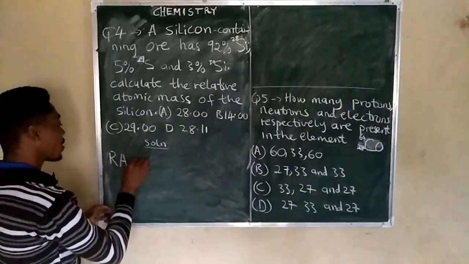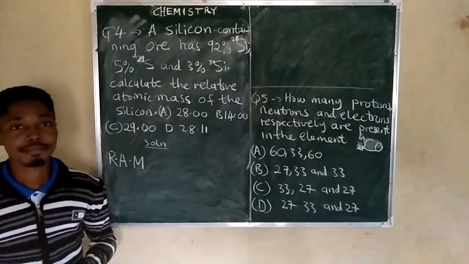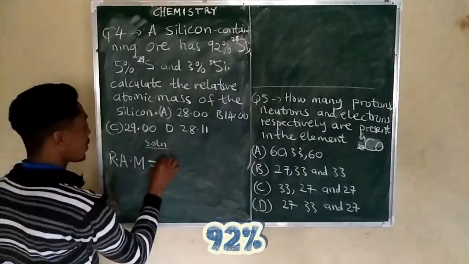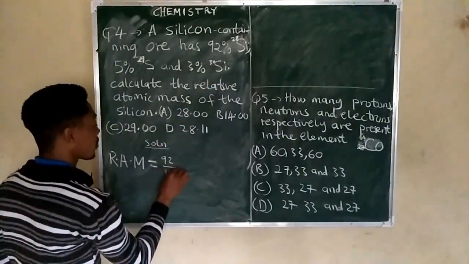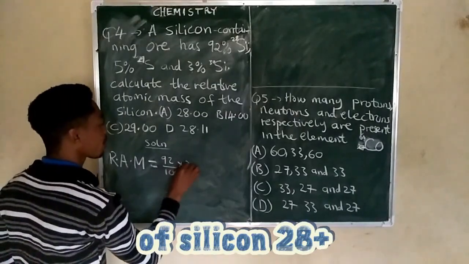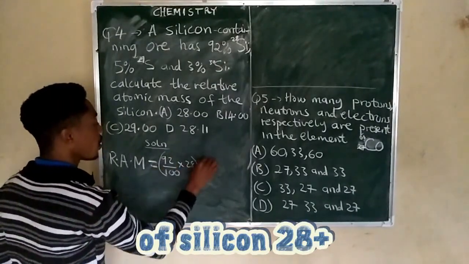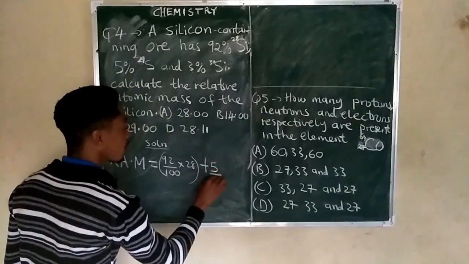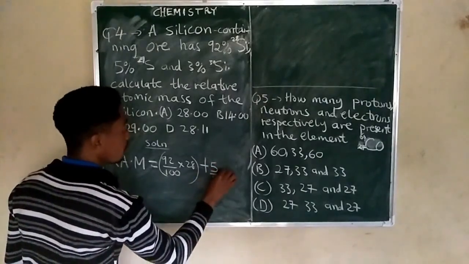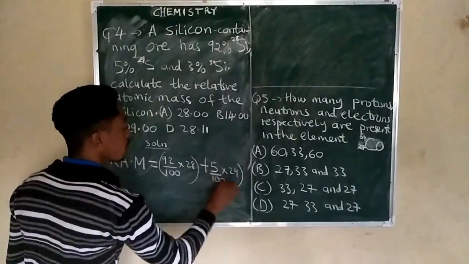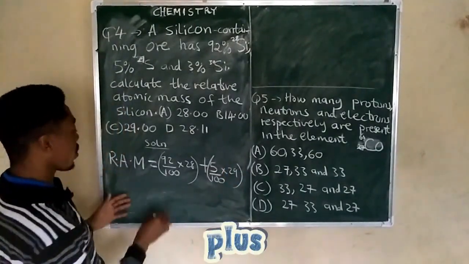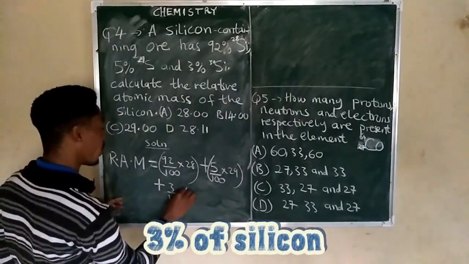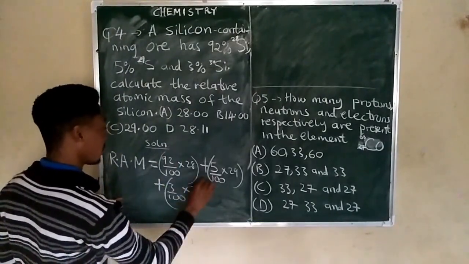Relative atomic mass, RAM, is given as 92% of silicon-28 plus 5% of silicon-29 plus 3% of silicon-30.